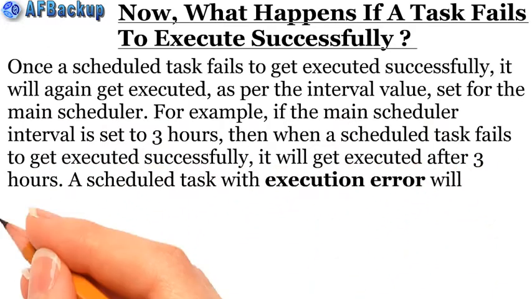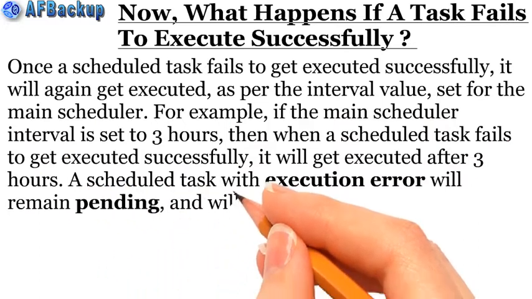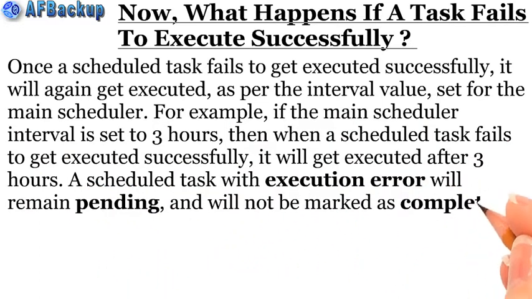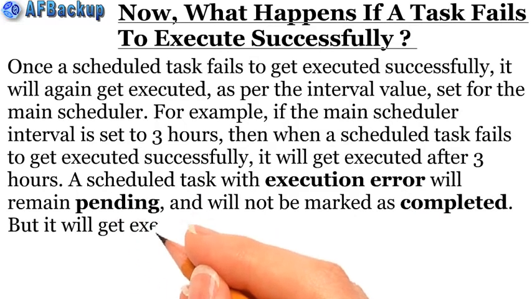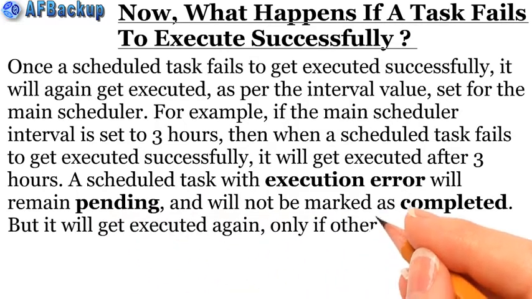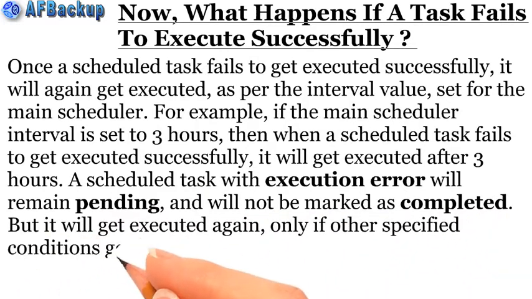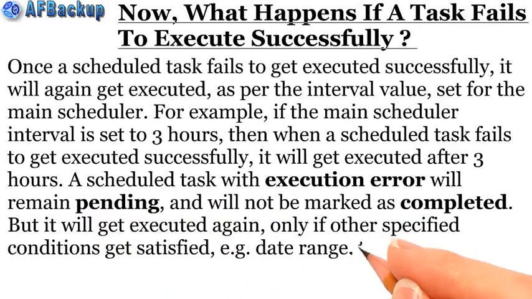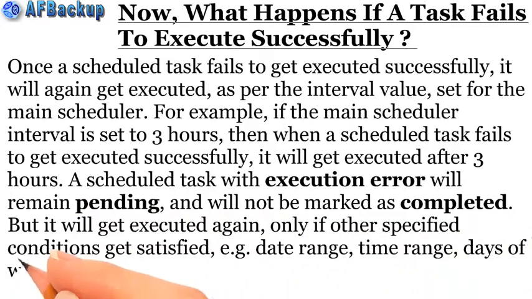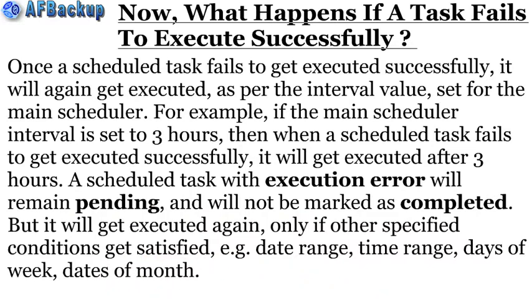A scheduled task with execution error will remain pending, and will not be marked as completed. But it will get executed again only if other specified conditions get satisfied, for example date range, time range, days of week, days of month.